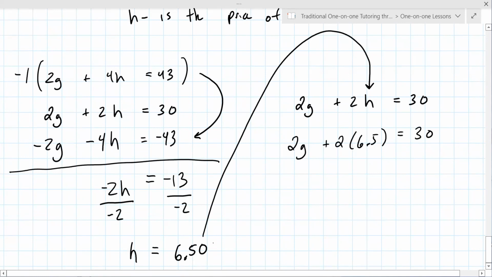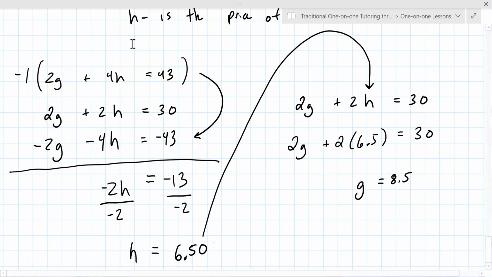And I want you to solve this for G, please. I got 8.5. Yes.